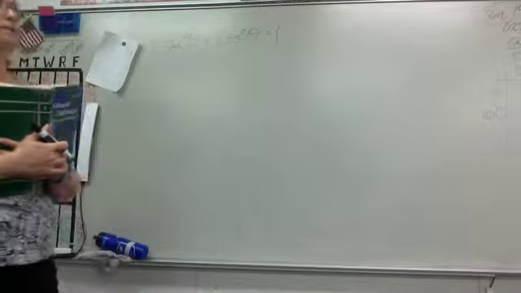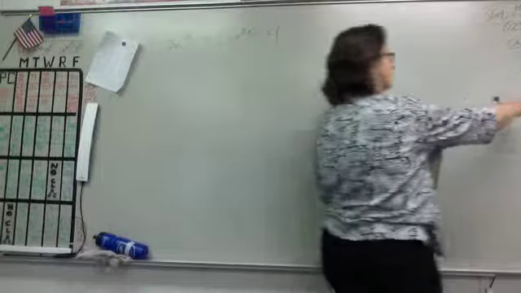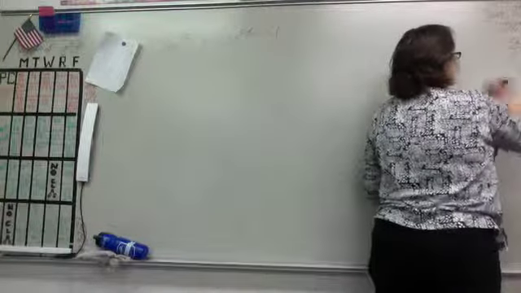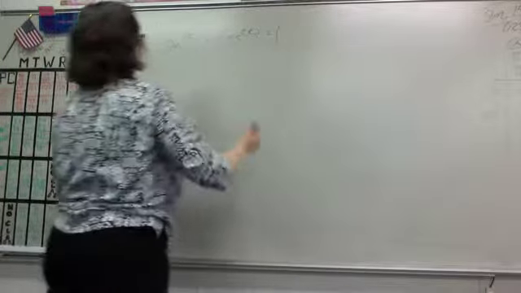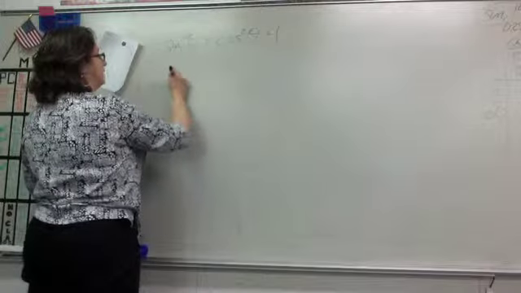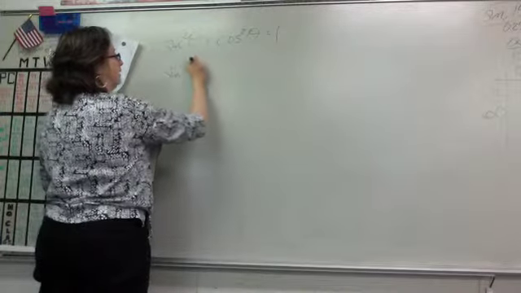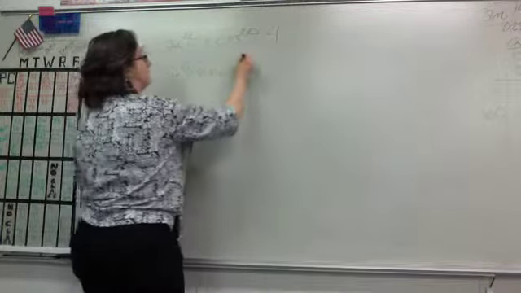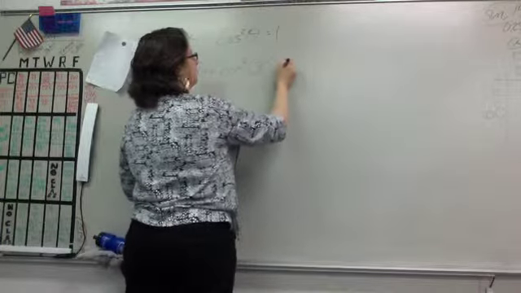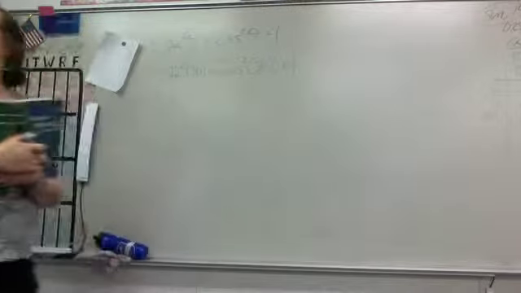All right, well, let's play with this. If I take 30, sine squared of 30 plus cosine squared of 30 equals 1. Let's see if that's true.